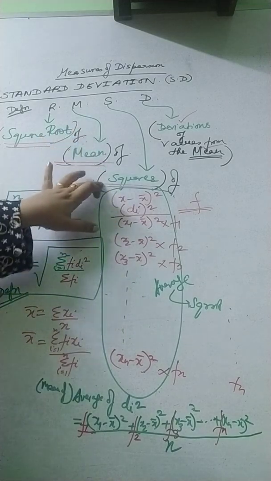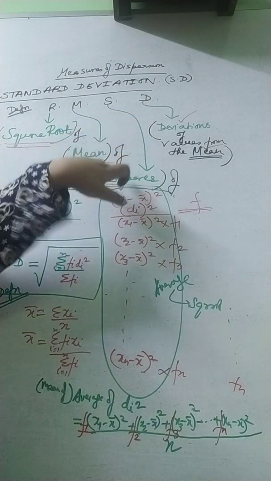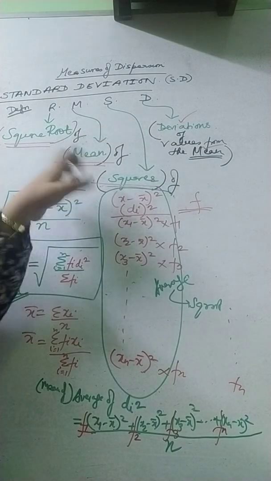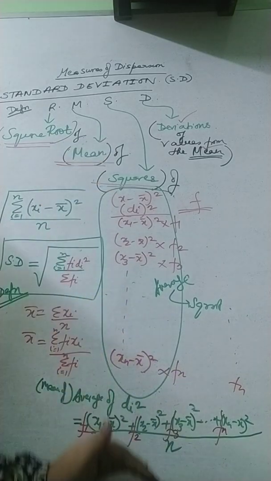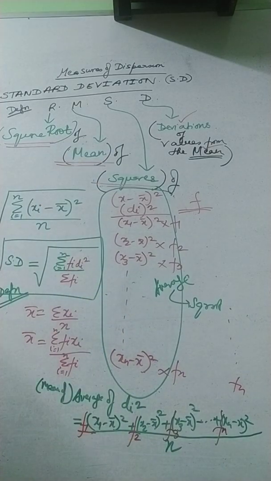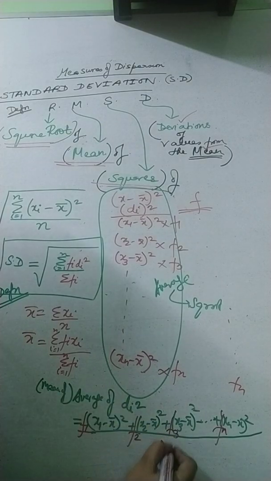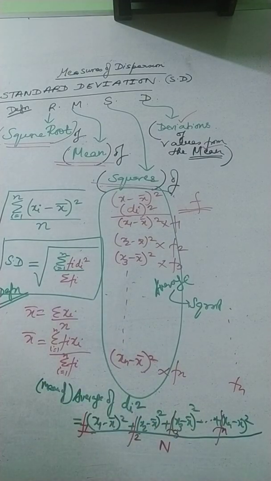If frequencies are associated, then these squares of the deviations whose average we are taking have to be multiplied with the corresponding frequencies and divided by, instead of this n over here, capital N, or simply summation fi. It's the same thing.